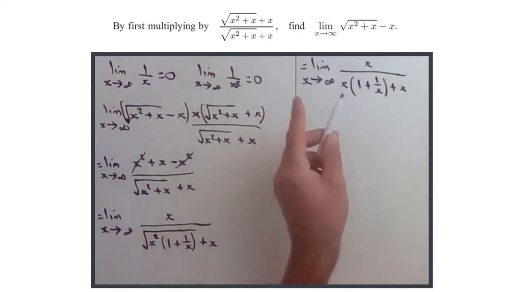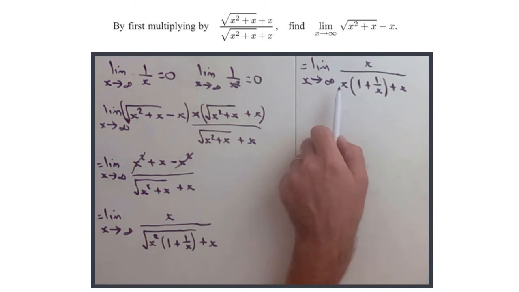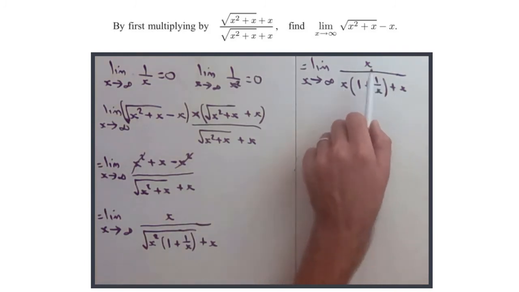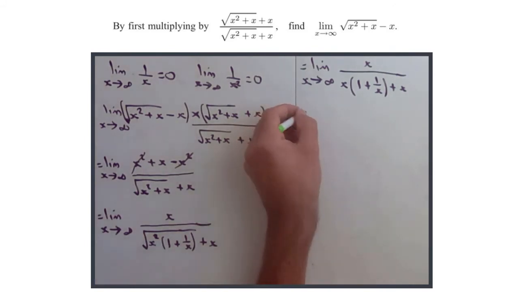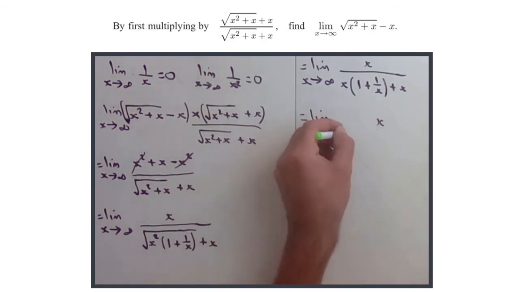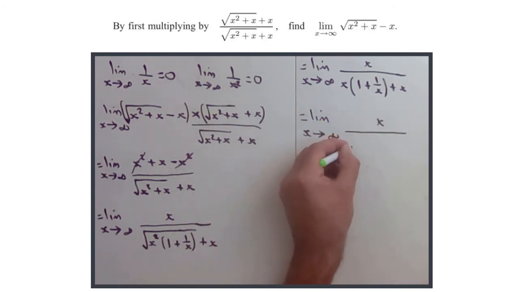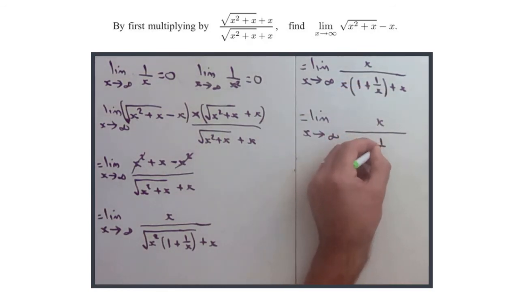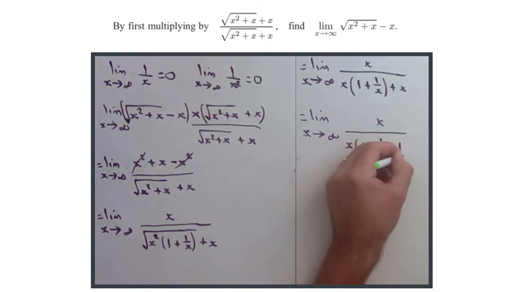I've got three terms, all with x as a common factor, so I can pull another x out: x over x times, the square root of 1 plus 1 over x, plus 1.